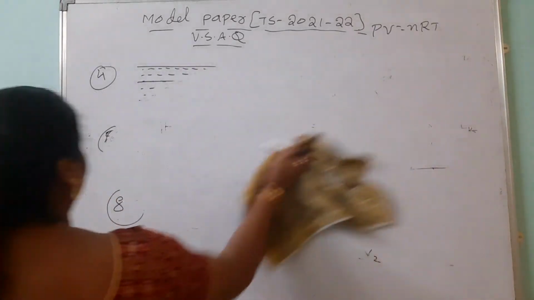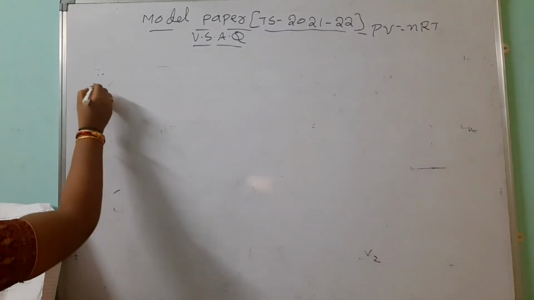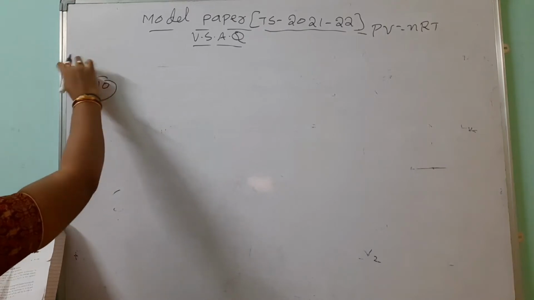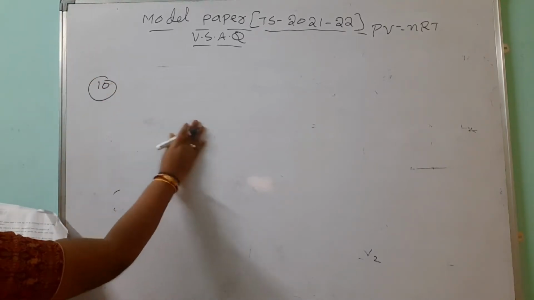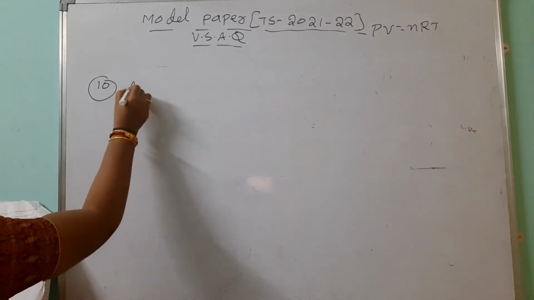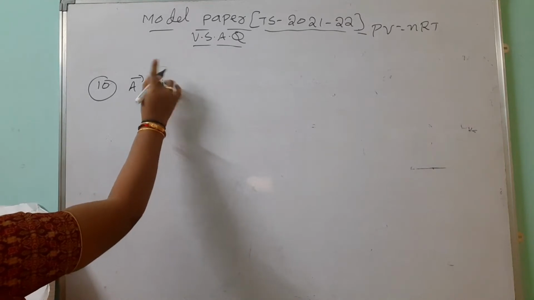if A bar equals to, see, from the motion in a plane, if you want to refer my video motion in a plane, very short answer questions, you will get all very short answer questions, explanation. But now you look here, A bar equals to, they have given I bar plus J bar.